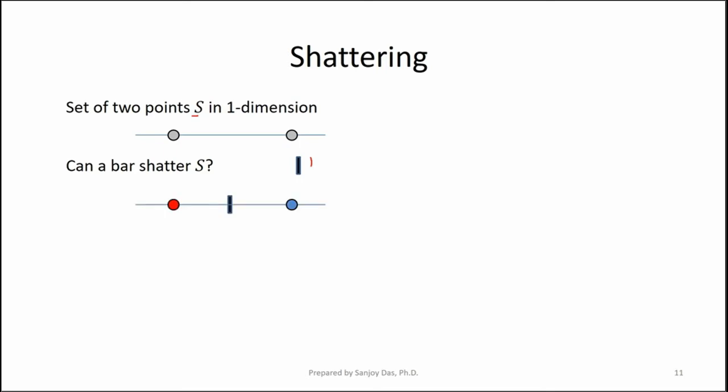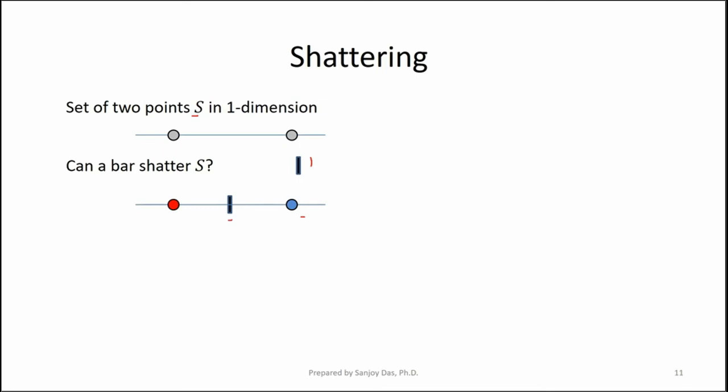The red and the blue are the 2 classes. Maybe you can think of the red as belonging to the negative class and the blue as belonging to the positive class. And so if you place the bar between them, then it is able to do the correct classification. It separates out the red from the blue.